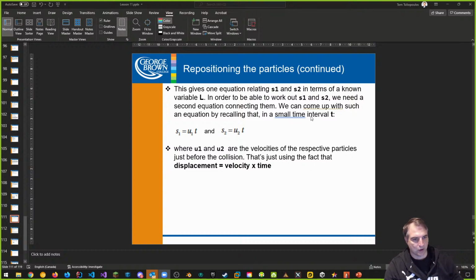Recall that in a small time interval t, the displacement of the first particle is equal to u1 times t, and the second displacement is equal to u2 times t, where u1 and u2 are the velocities of the respective particles just before the collision, and t is the delta time. That's just using the fact that displacement is equal to velocity times time.